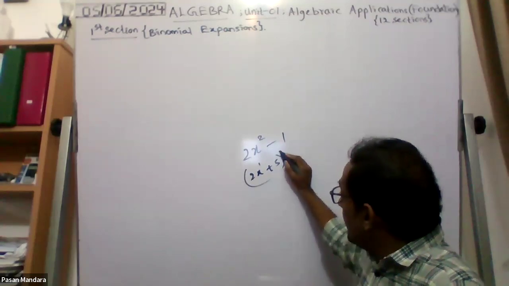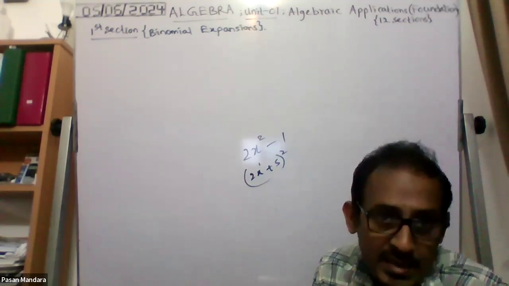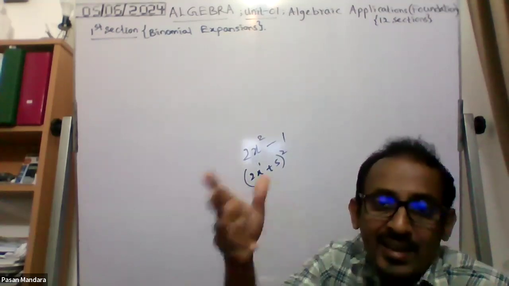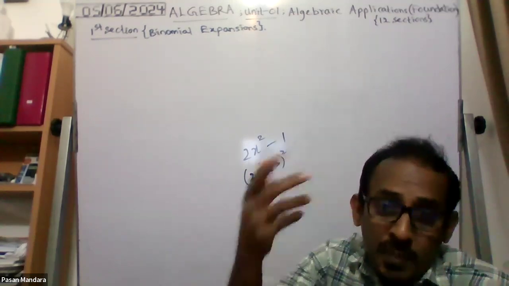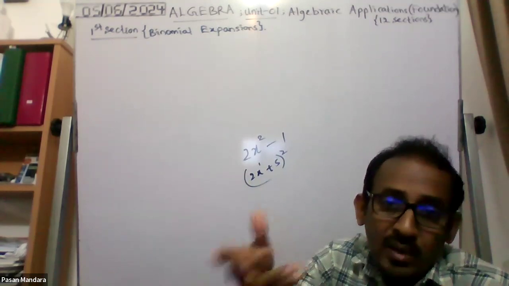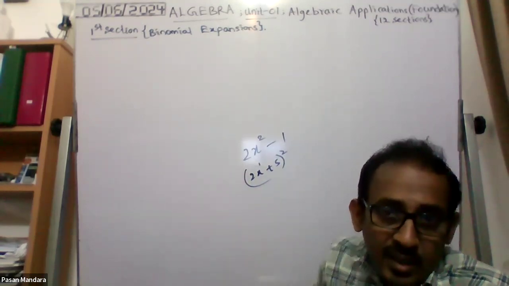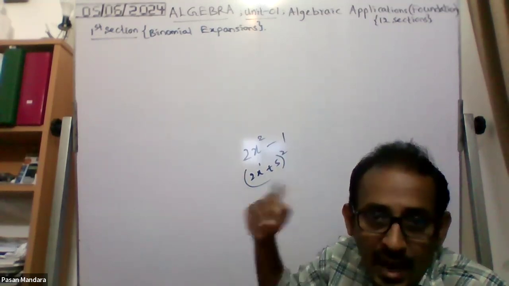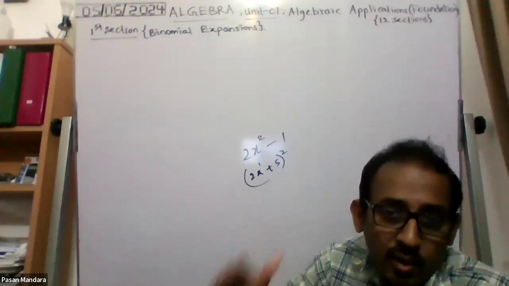If I put a power on this, that is today's lesson, binomial expansion. Binomial expansion, students, we can't guarantee the number of terms. Even though it is binomial, after you expand it, generally it won't remain as binomial. Now, after I expanded this, the answer is a monomial or binomial or trinomial or quadrinomial?